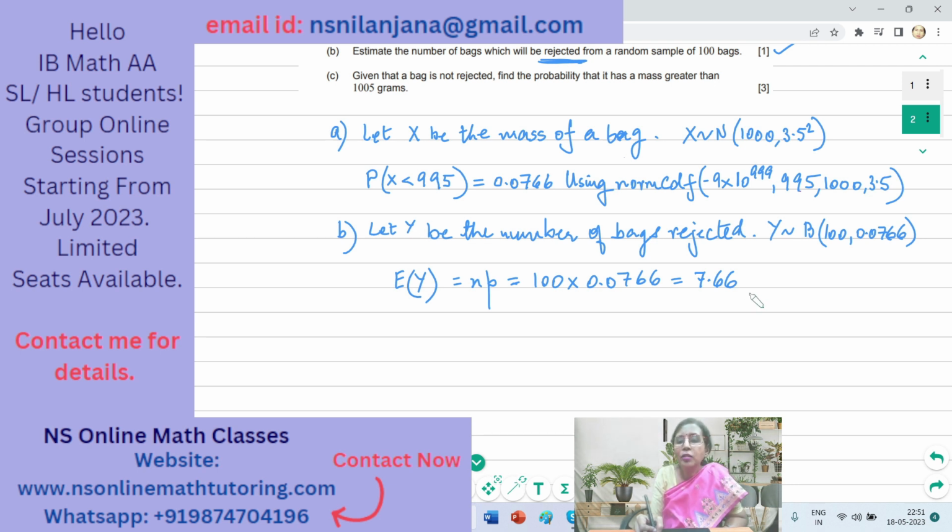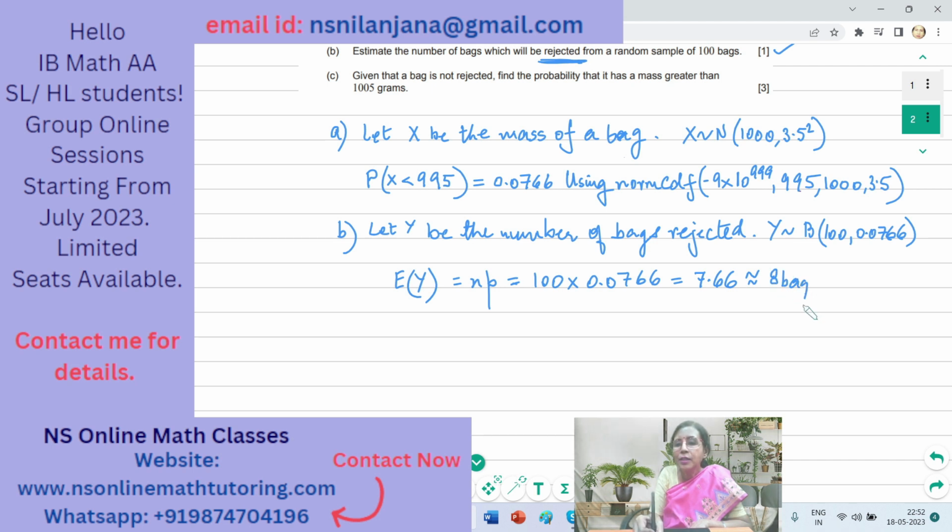It is not that you have to give a whole number in order to make your answer correct. The expected value can remain as 7.66. Or else you may say it is obviously more than 7 bags, so you may write your answer as 8 bags.